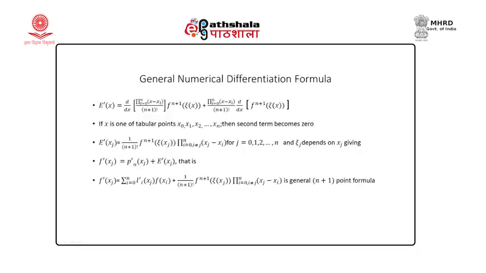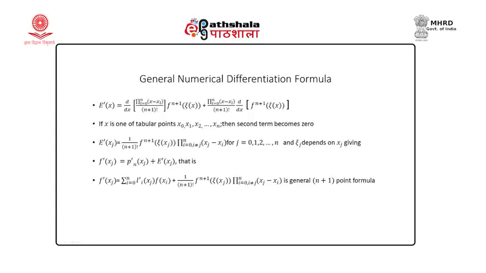E is the product of x minus x i's and f n plus 1. So, let us apply the product rule. The derivative of E is 1 upon n plus 1 factorial, derivative of the product of x minus x i's, with f n plus 1 as it is, plus the second term, this product as it is and the derivative of f n plus 1 xi.